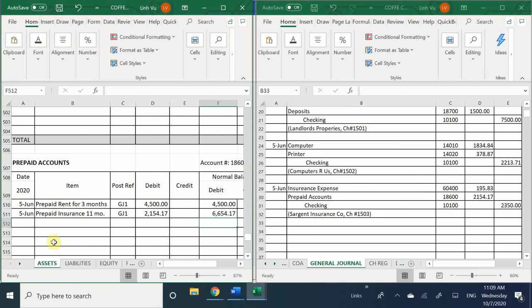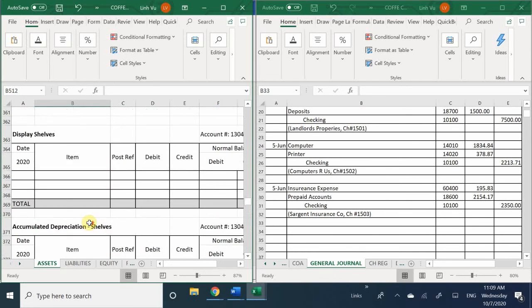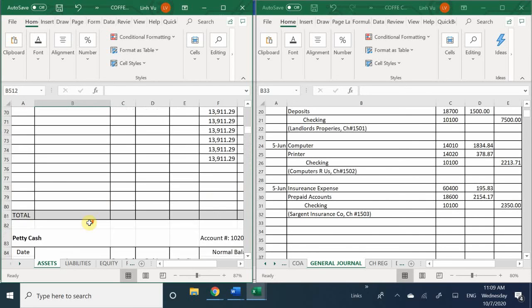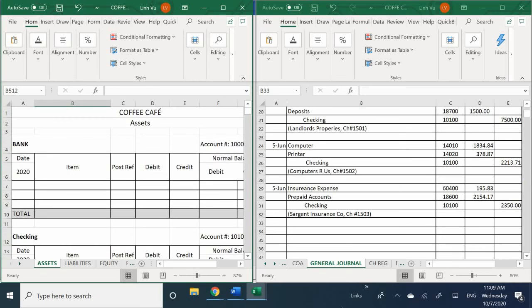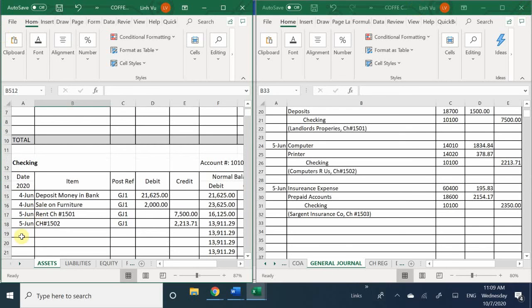Last thing I've got to do is I wrote a check for the insurance. So I'm going to scroll up to page 1, all the way up in my Excel sheet, and fill in the information here. So check number 1503.